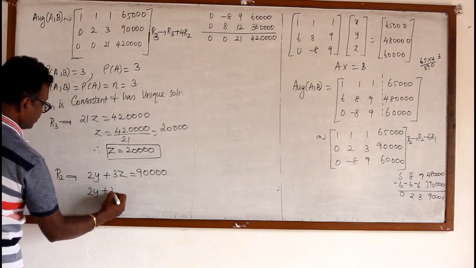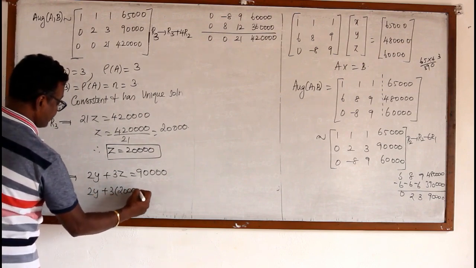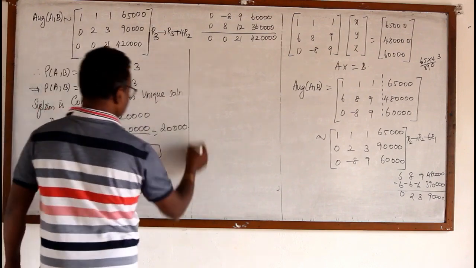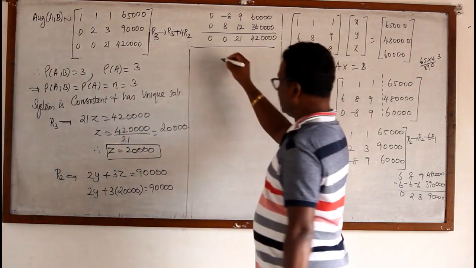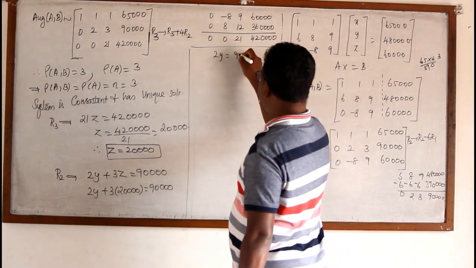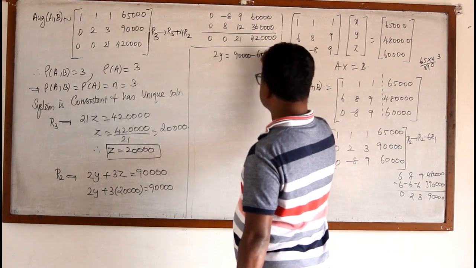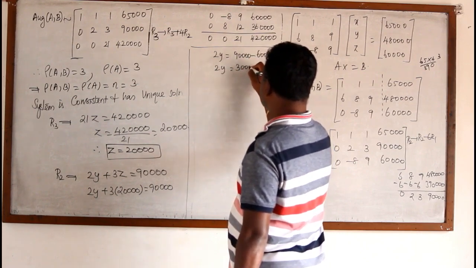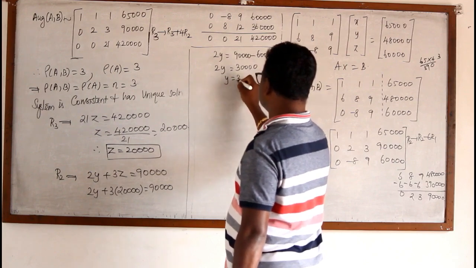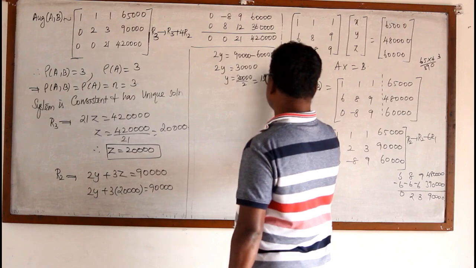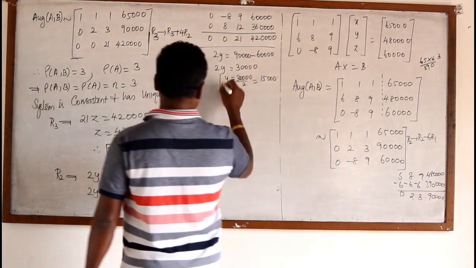For Z, 3 into 20,000 equal to 60,000. So 2Y equal to 90,000 minus 60,000. So 2Y equal to 30,000. Y equal to 30,000 by 2, 15,000. So Y is 15,000.